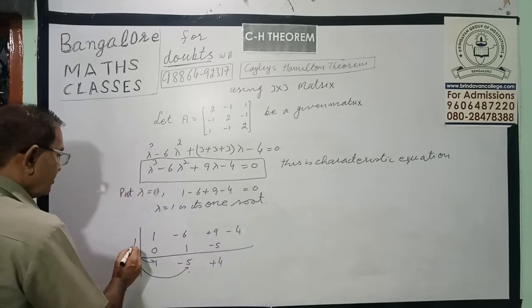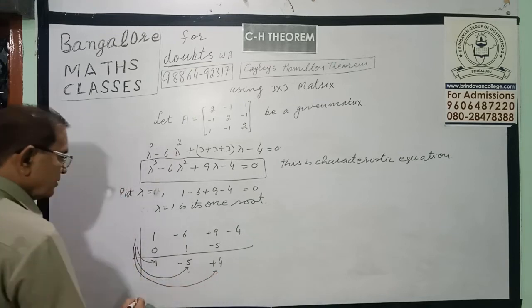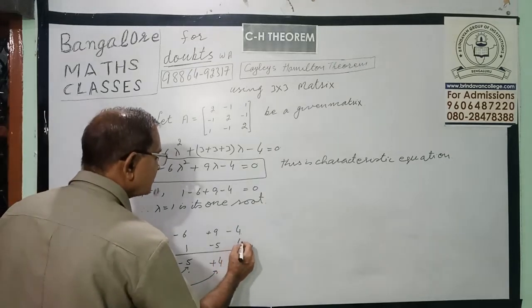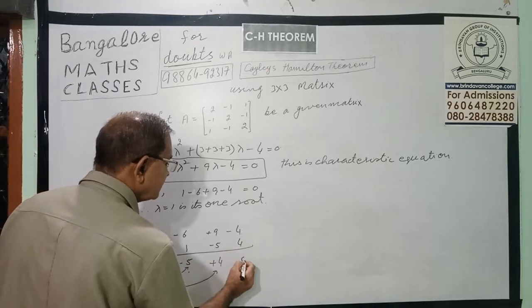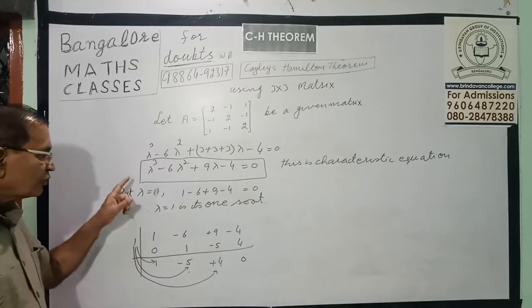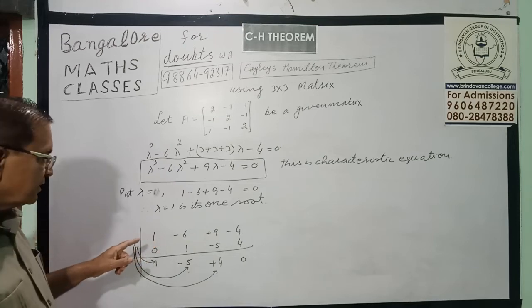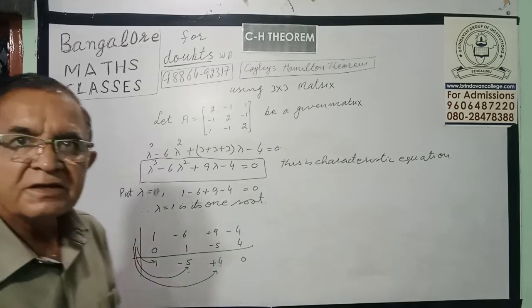Multiply 4 by 1, you will get 4. By adding, you will get a 0. It means the division is exact. Don't go for the long division; go for synthetic division.